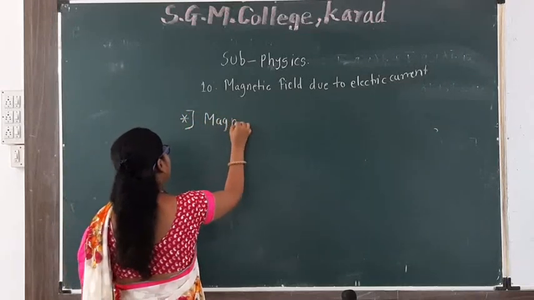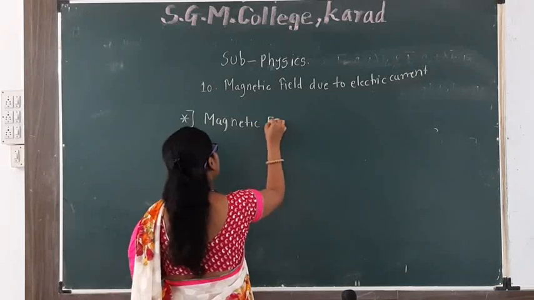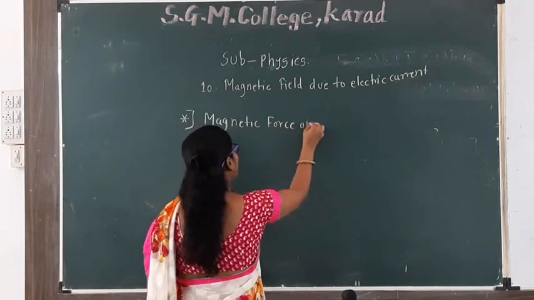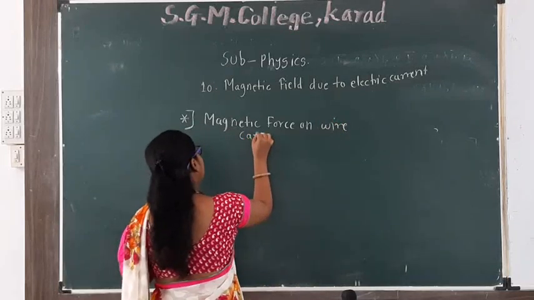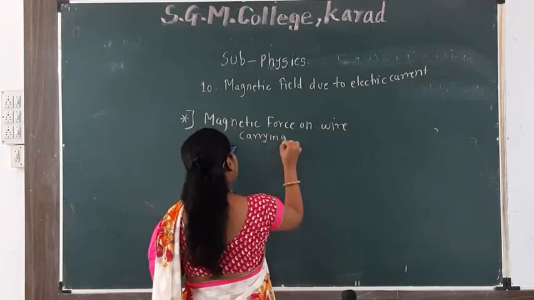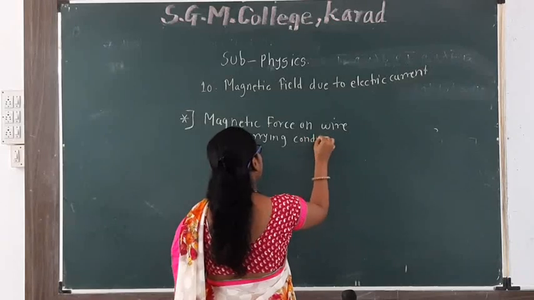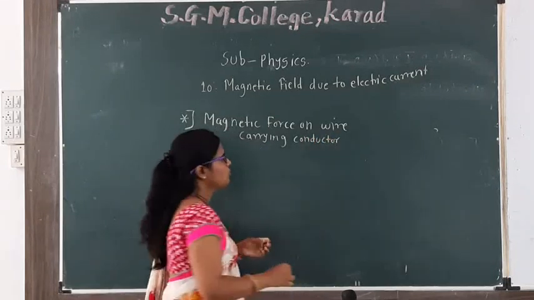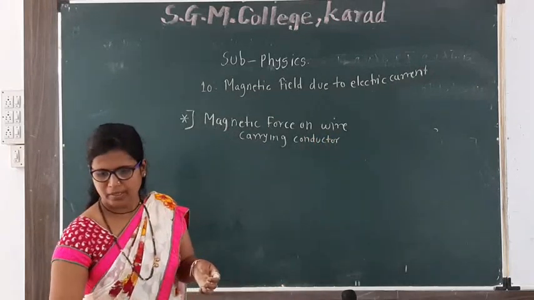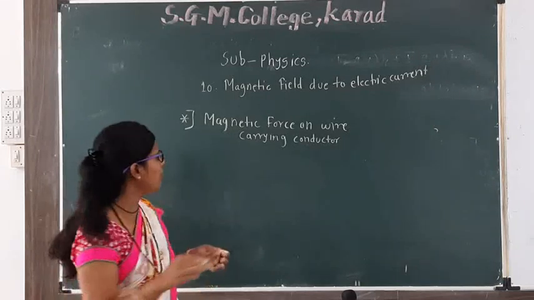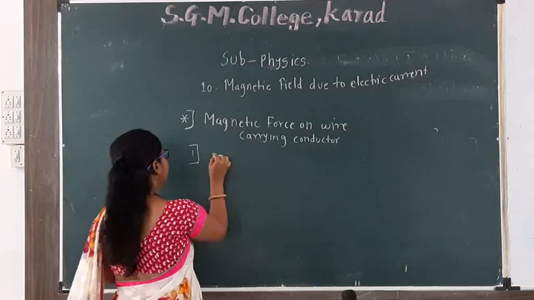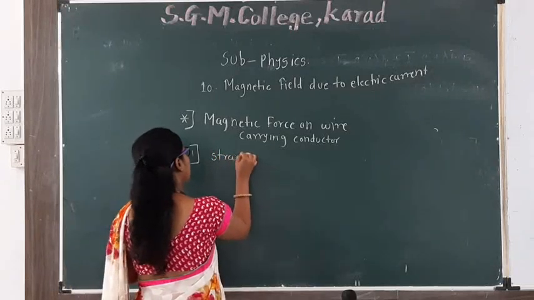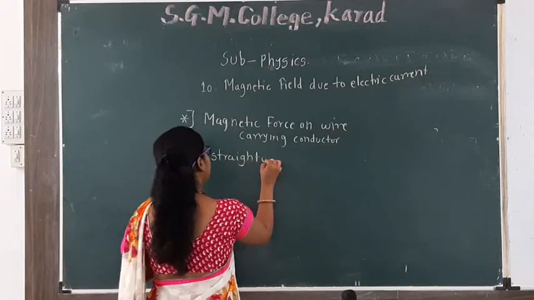Magnetic force on a current-carrying conductor. First, the wire is a straight wire.